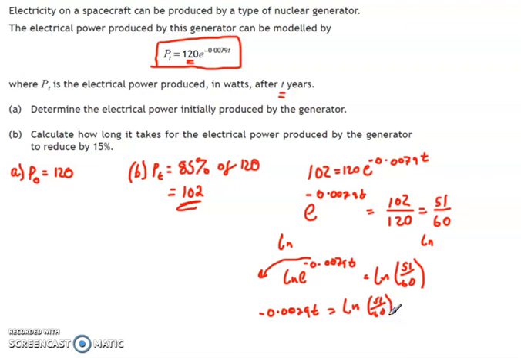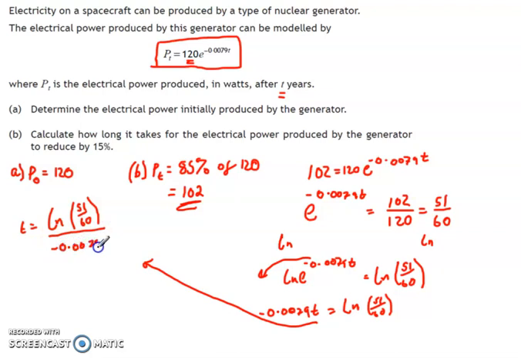Then it's just dividing through to get rid of the bits that we don't need and find our t. So if I divide through by the negative 0.0079, what I'll end up getting is that t is equal to our ln of 51 over 60, and that's then divided by the negative 0.0079.